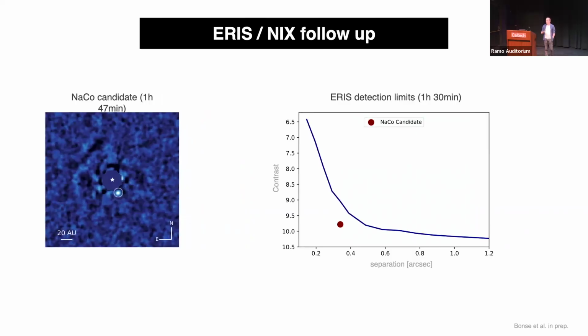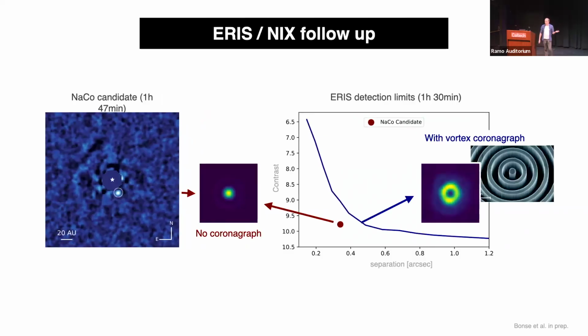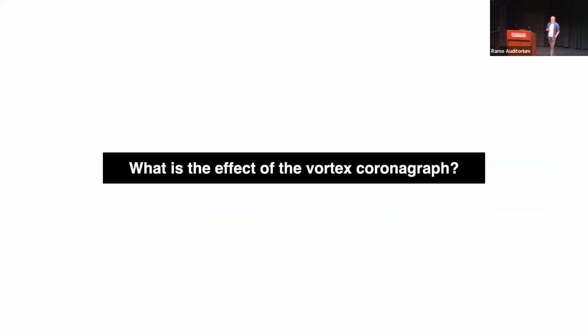We knew from commissioning that ERIS can outperform NaCo if we compare vortex data with vortex data, but actually most of the candidates are in non-coronagraphic imaging, while ERIS only had the vortex coronagraph commissioned at the time. And this is where the archive becomes handy again, because we can also learn something about instrument performance based on this huge amount of data.